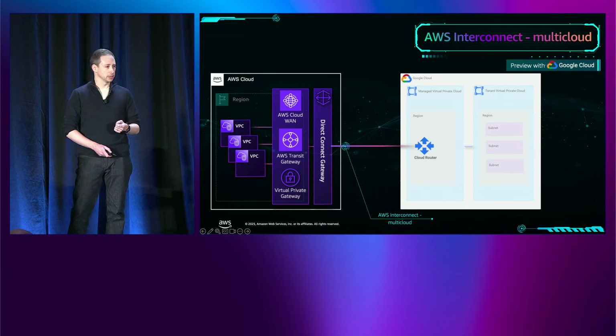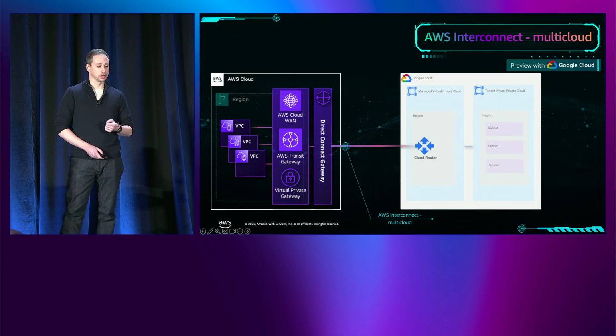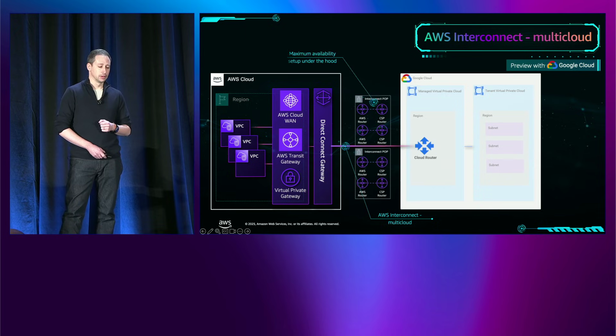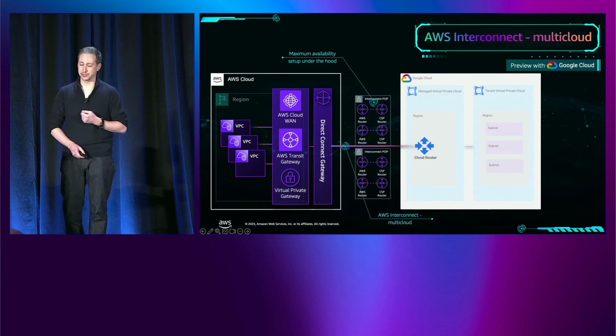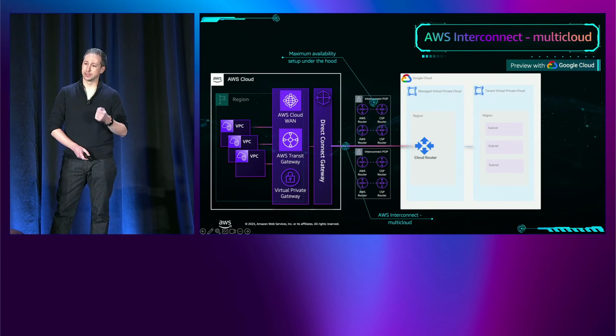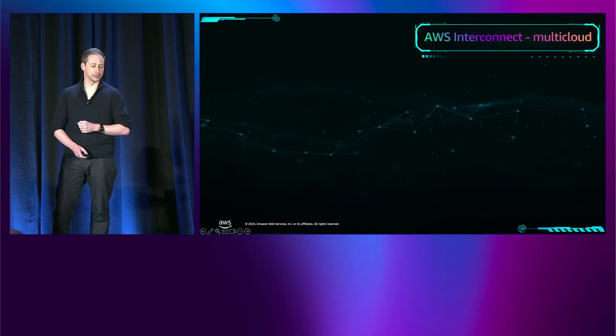On the Google Cloud side, the attach point is the Cloud Router. And this is all you see. That's it. You're done. Behind the scenes, though, there's quite a bit going on. So the way we architected the specification for this is you are going to be having multiple logical redundant connections across at least 2 physical facilities across multiple routers. So we'll talk about that in a moment.